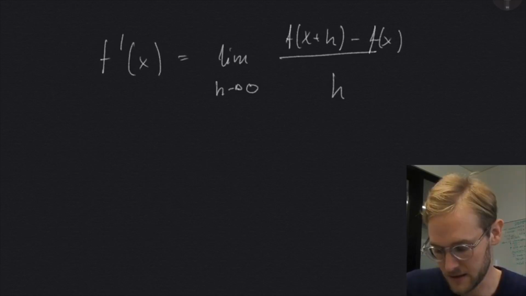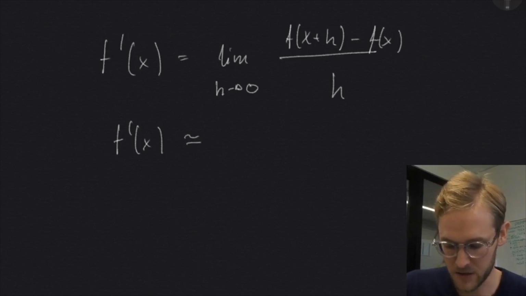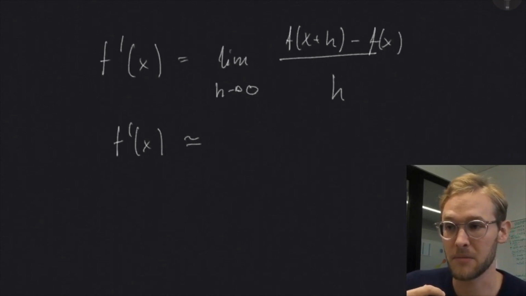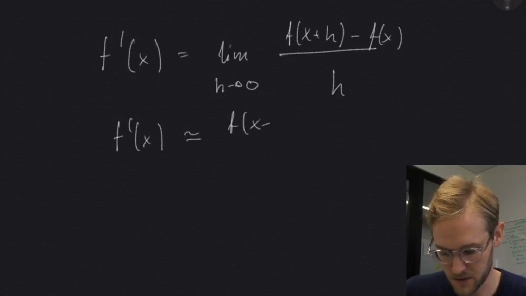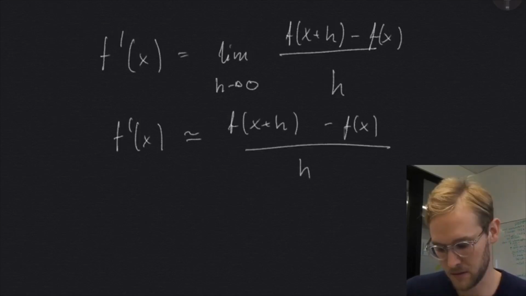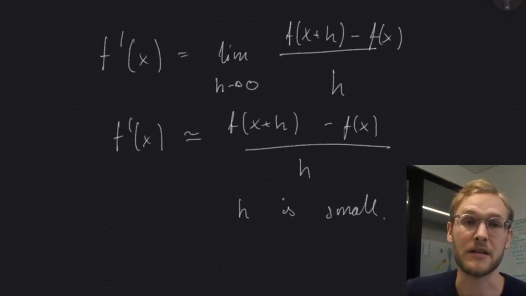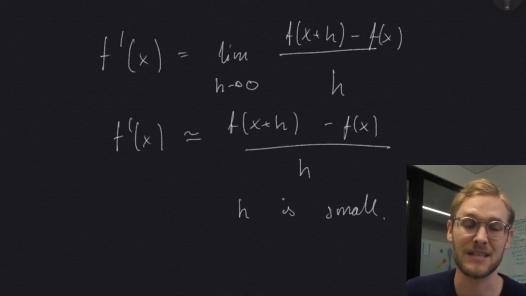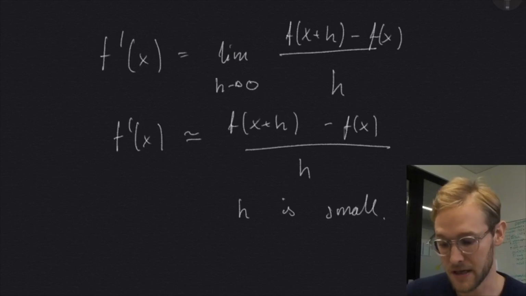But we can approximate the value numerically by saying that h does not approach 0, because we're not able to compute that, but say that h is just some very small number. So we can just write the exact same thing. All we know is that h is small and not necessarily 0. So that's an approximation of the first derivative, right? And this is exactly what forward Euler is, which I've talked about numerous times.